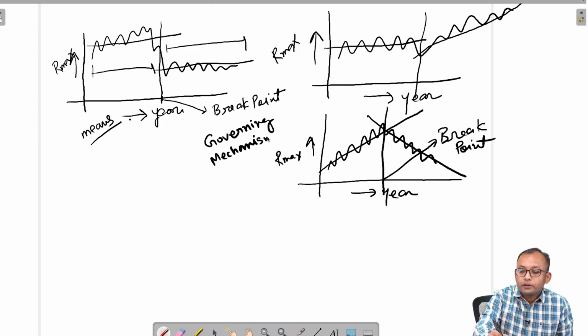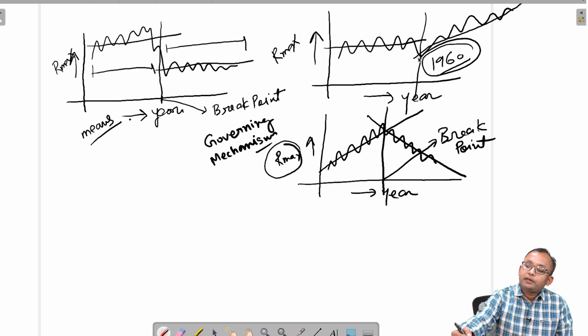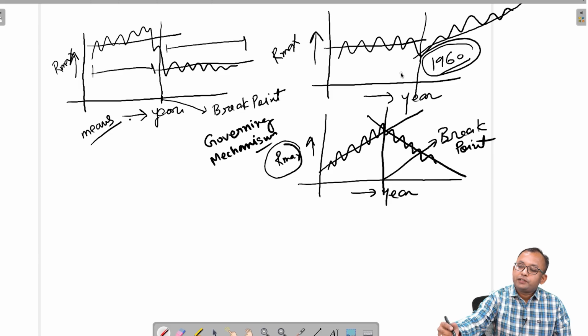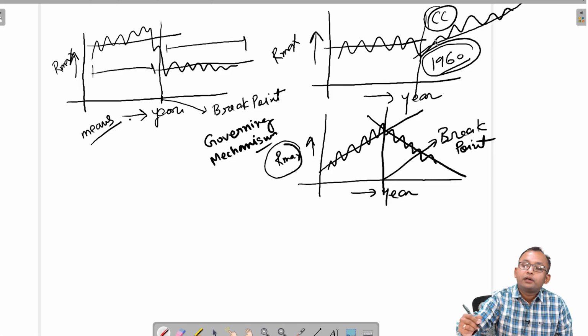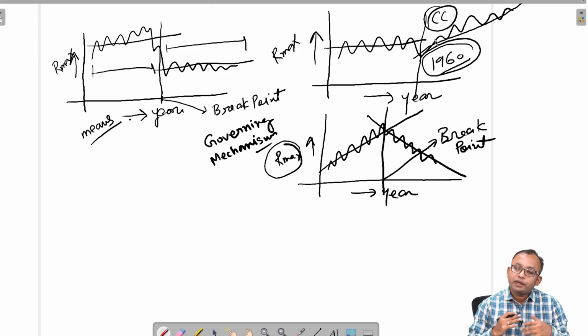Suppose you plot R max and you see that since 1960, or post 1960, there is a continuously rising trend in the data set, which directly tells that climate change has a significant impact on rainfall extremes in a certain region, and the behavior of the rainfall extreme has been significantly altered and is now increasing.